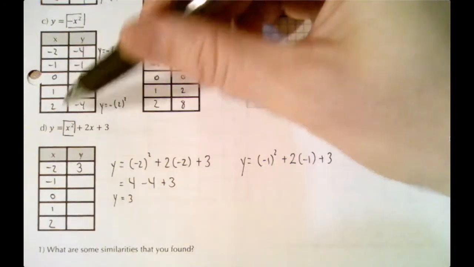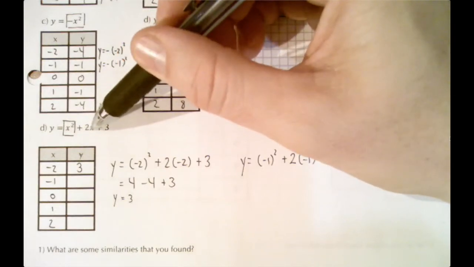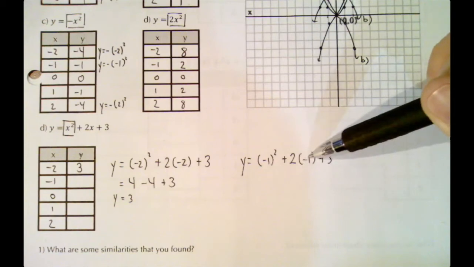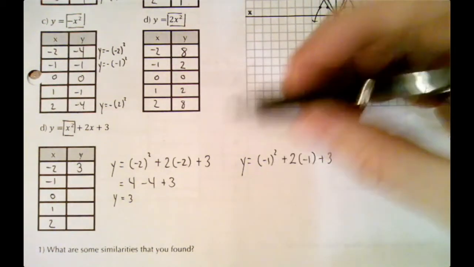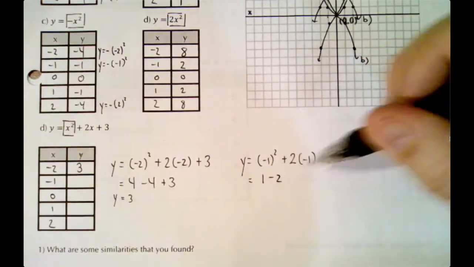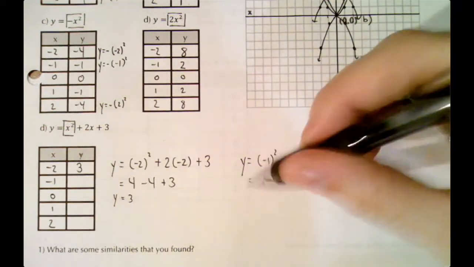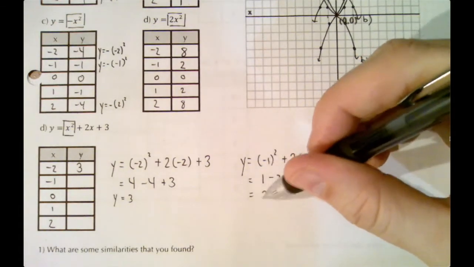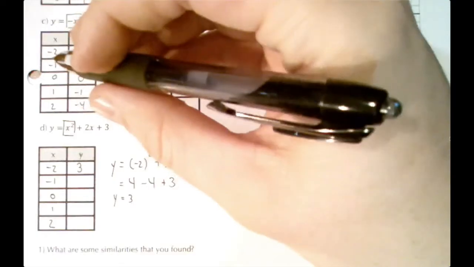Just using the equation. X squared plus 2 times x plus 3. Our x is negative 1 for this one. Negative 1 squared is 1. 2 times negative 1 is negative 2 plus 3. 1 subtract 2 is negative 1 plus 3 is 2. Second y is 2.